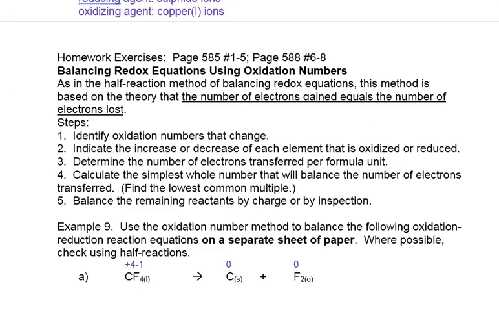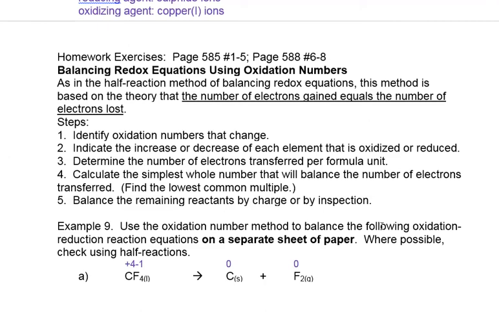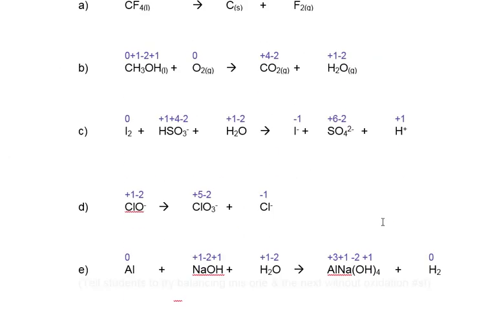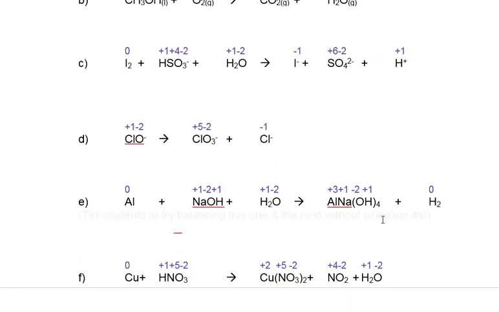So this method isn't necessary to balance every kind of equation, but we're starting out with some simpler equations so we can see the method easily before we tackle complex equations like the last two on here. If we look at E, or F, and try to balance those by inspection, they're both pretty complicated because we have some elements that show up many, many times.